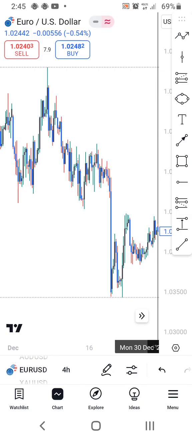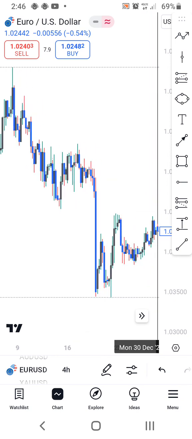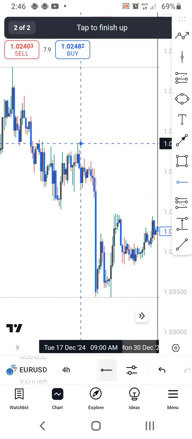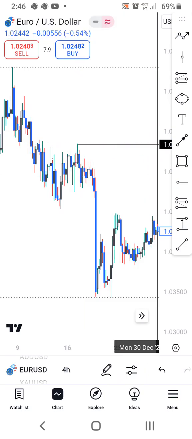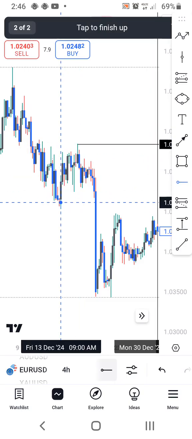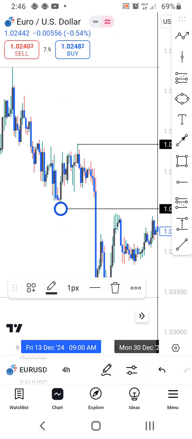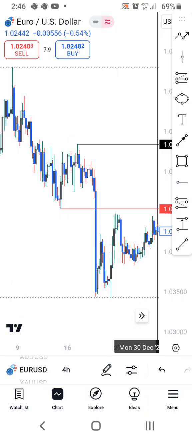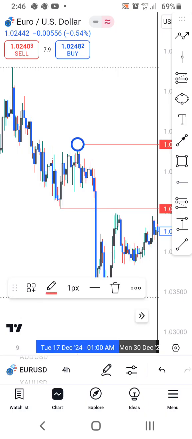Where are we supposed to label, for those who remember? Yes, let us put our levels there already. That one, and that one, and that one.